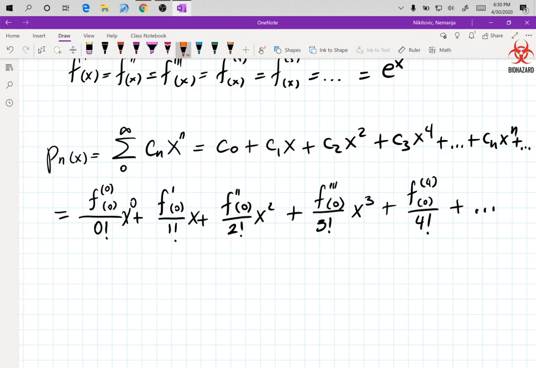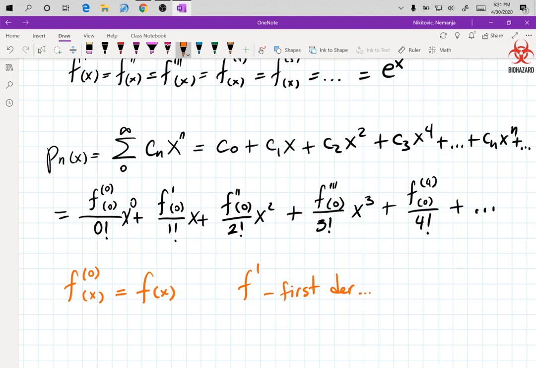I'm not sure if you all know this, but the zeroth derivative of the function is the function itself. So when I have the zeroth derivative of f, that's just f of x. And then f prime is the first derivative and so on. There are actually also half derivatives and quarter derivatives and all of that kind of stuff.